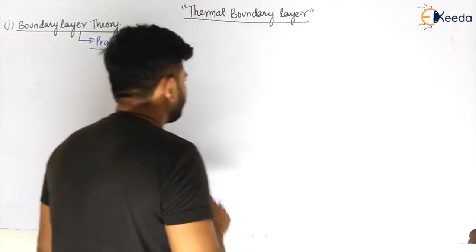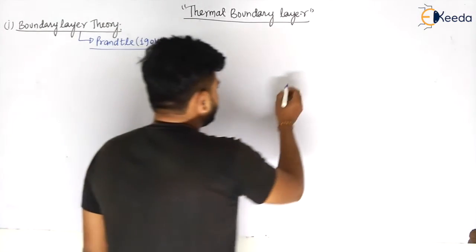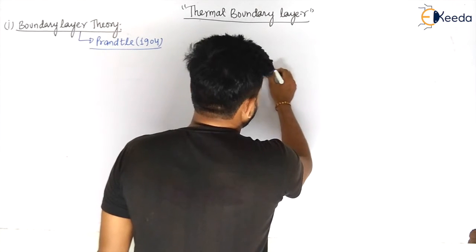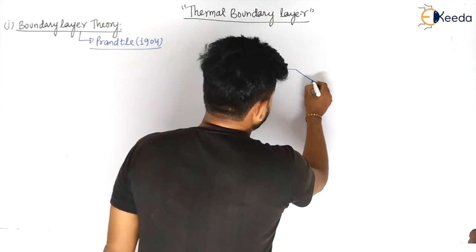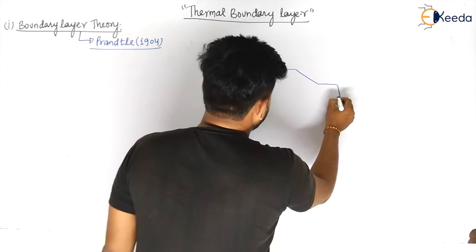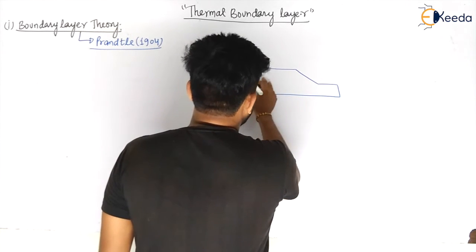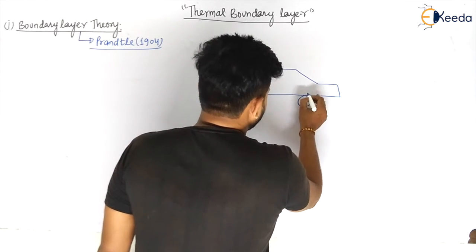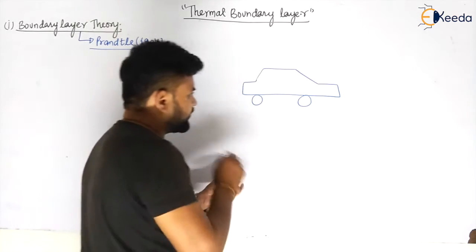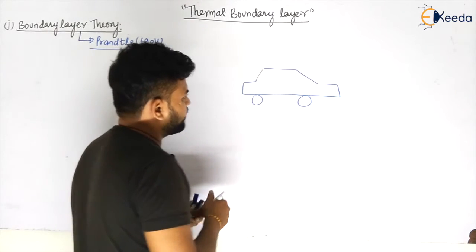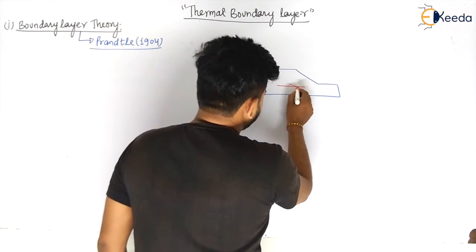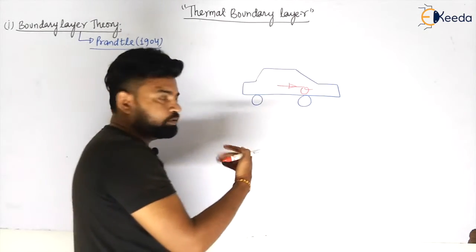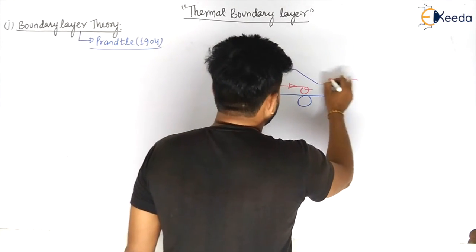Let us see, I am just driving a car, and the shape of the front mirror is something like this for the car. When I am driving in this direction with some velocity v, the fluid will oppose and come and move like this.